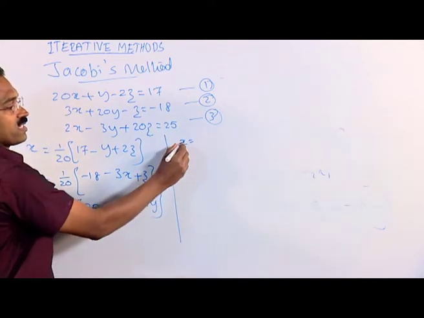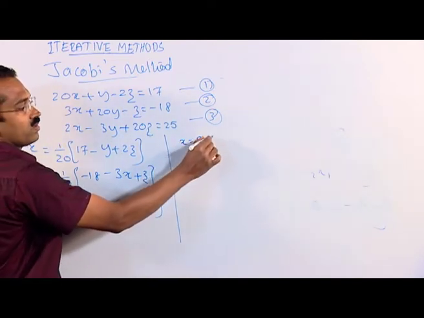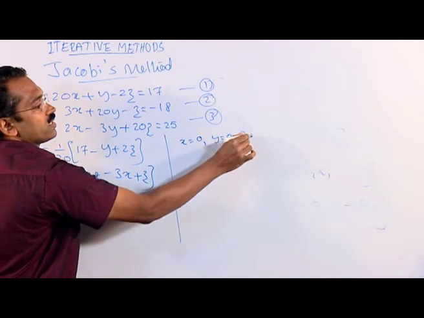We will take the initial approximations as x equal to 0, y equal to 0 and z equal to 0.